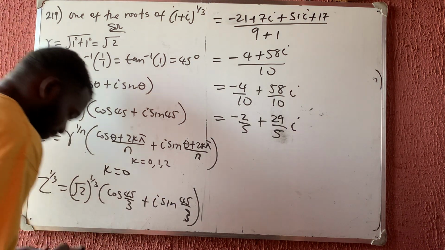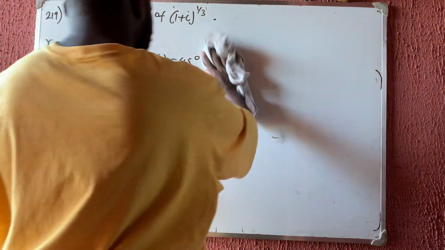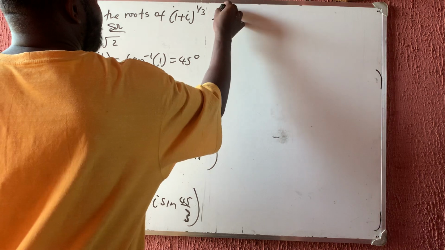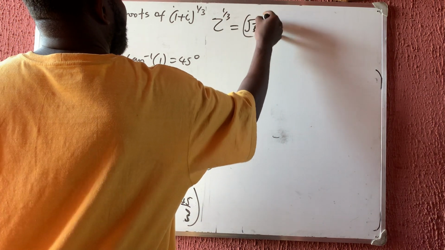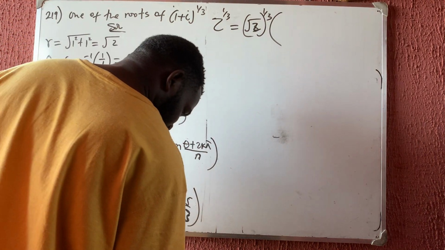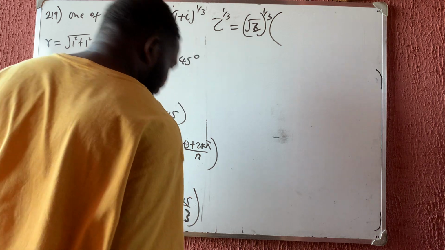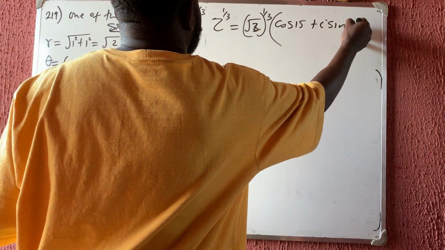So what do we have now? I'm going to have z raised to power 1 over 3 is equal to the square root of 2 raised to power 1 over 3 into 45 divided by 3, I have 15. So I have cos 15 plus i sine 15.